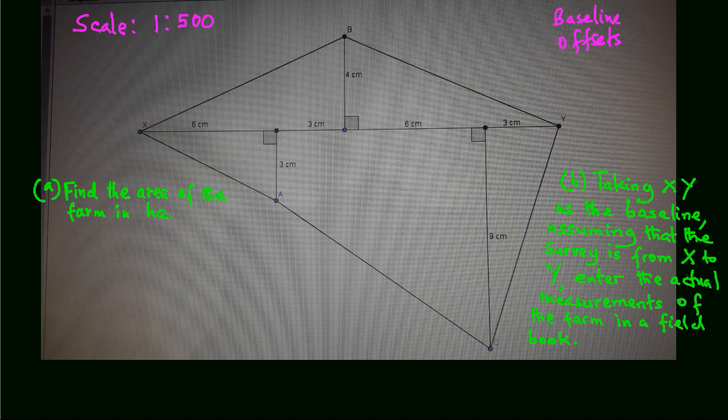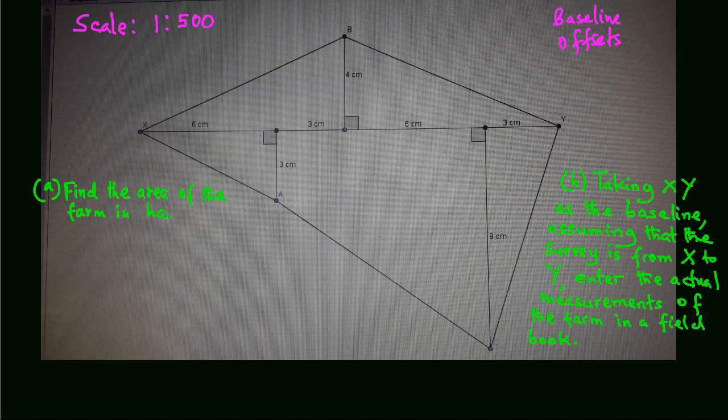The distance of the second offset from X is 9. And the distance of the third offset from X is 15 centimeters. And the height of each offset, or the length of each offset, is also indicated.